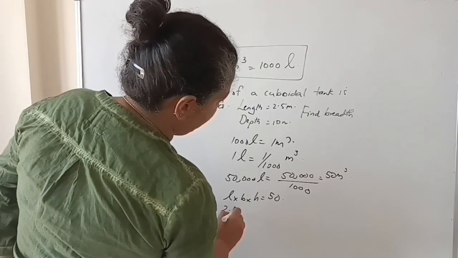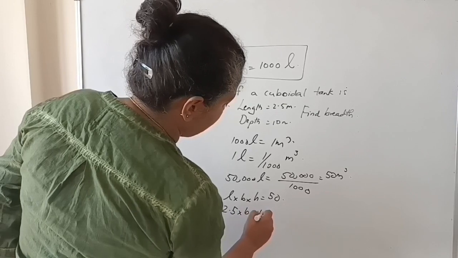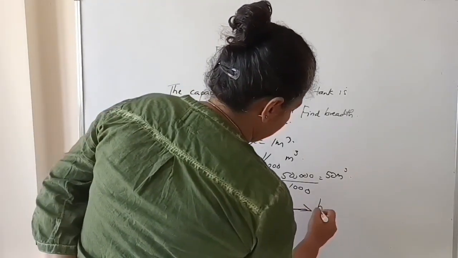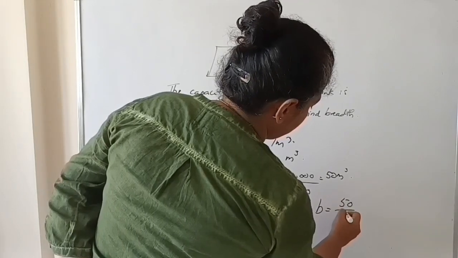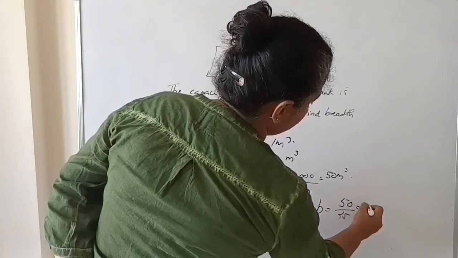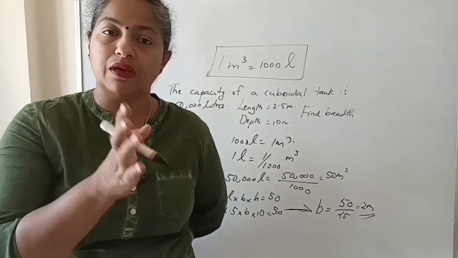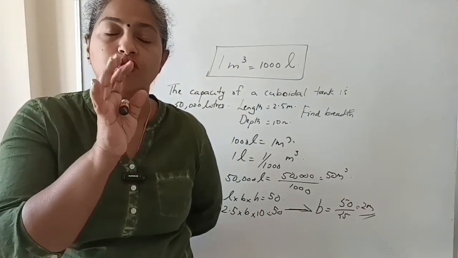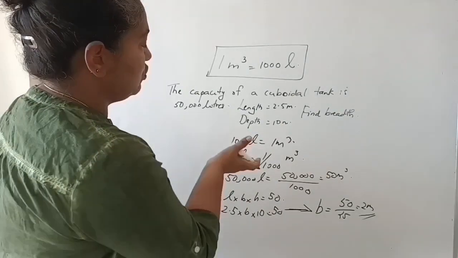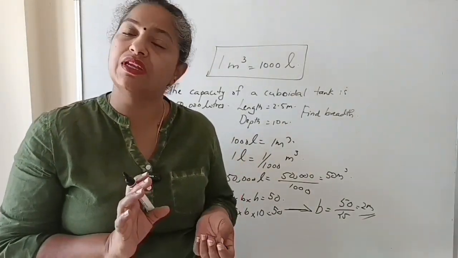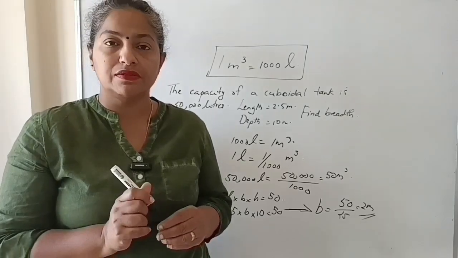Or I can say that 2.5 into B into 10 is 50, or B is equal to 50 by 25, which is 2 meter. So in this particular sum, the main concern would be to convert liters into meter cube, after which it is a very straightforward sum, basic multiplication and division, right?